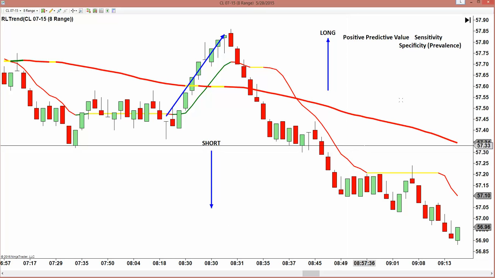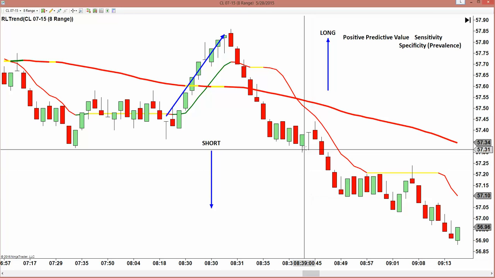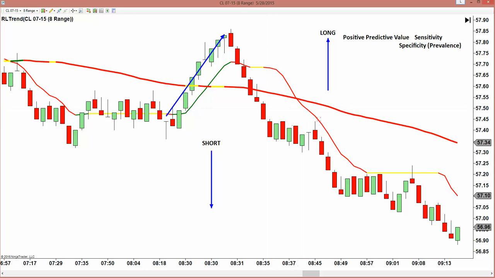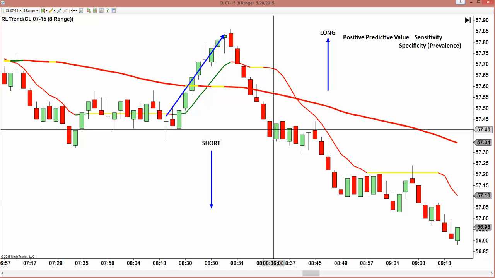So you have to define clearly with your software what is CHOP and what isn't, because you could get a signal to go long or short in CHOP, but the prevalence of a trend trade being successful in CHOP is low.